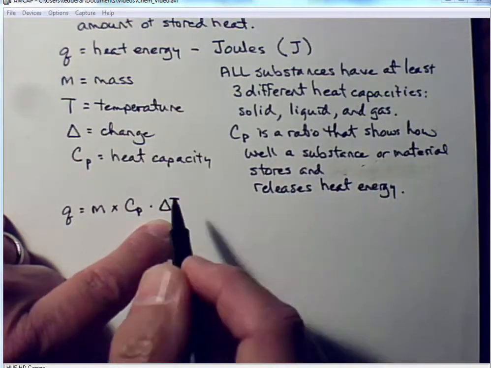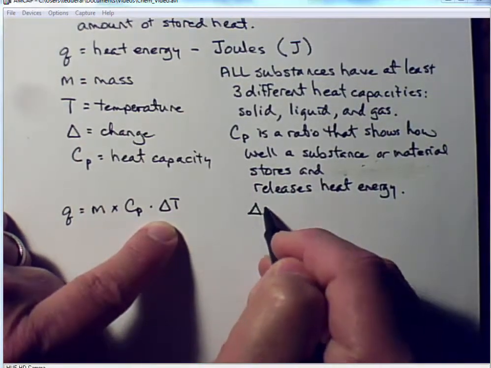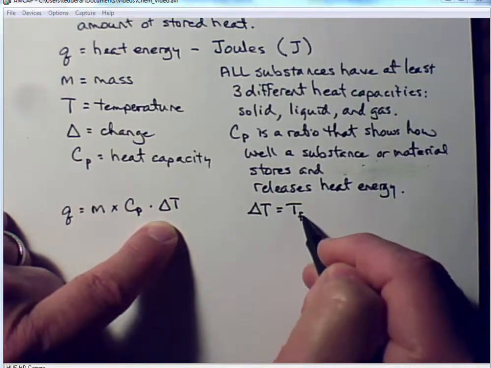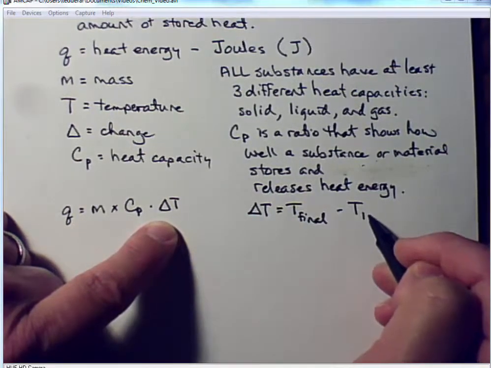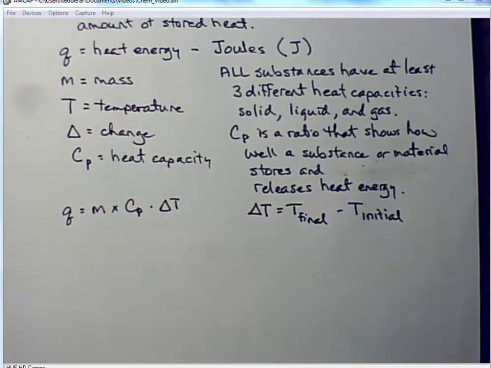So how do we calculate delta T, the change in temperature? Well, that's a separate equation. We could include it in this equation, but I like to break it out to be clear about it. So delta T is always final temperature minus initial or beginning temperature. Okay?